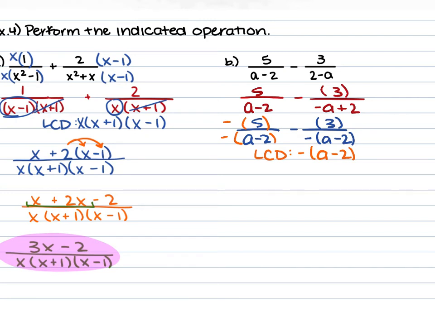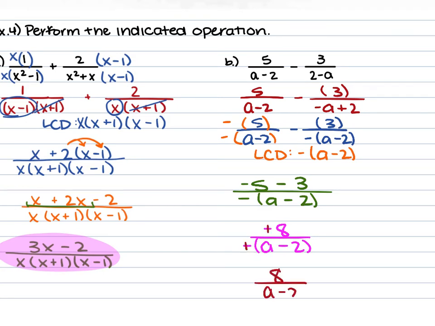So this is going to give us negative 5 minus 3 all over the opposite of a minus 2. From here, that negative 5 minus 3 is negative 8 over the opposite of a minus 2. Those negatives cancel out, so it's just 8 over a minus 2.